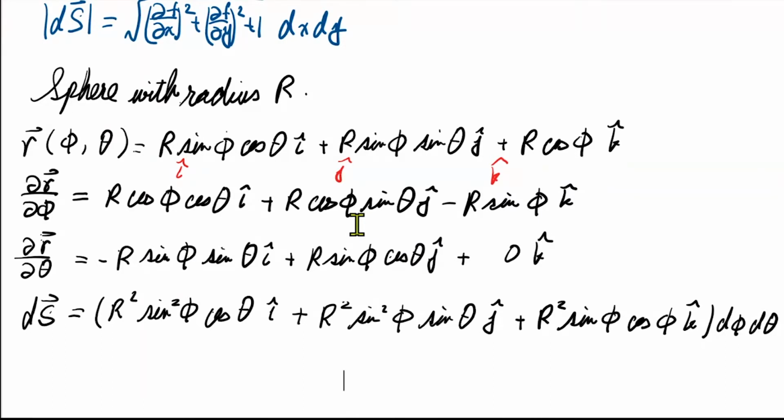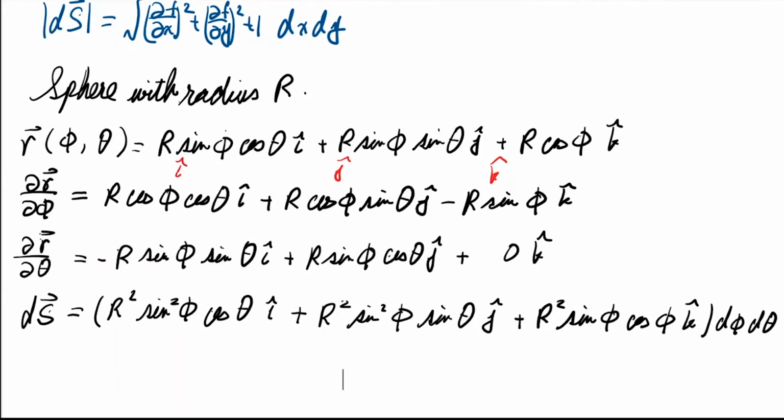Either you can think about which way is phi and which way is theta, or you just take a cross product, and if you get something pointing inward, then you adjust it and do it the other way next time. But convention is it's an outward pointing vector.